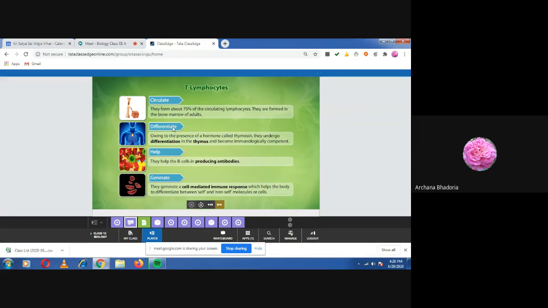Okay, differentiate now. Next, owing to the presence of hormone called thymosin, they undergo differentiation in the thymus and become immunologically competent, but they are formed in the bone marrow.